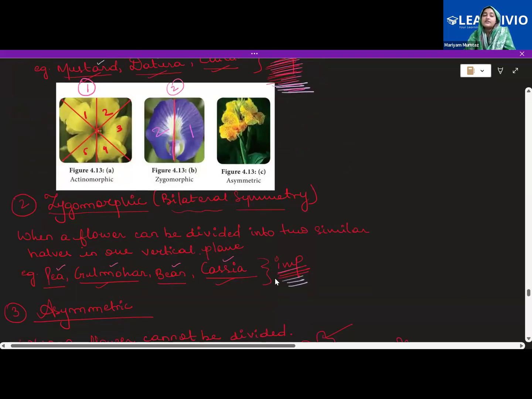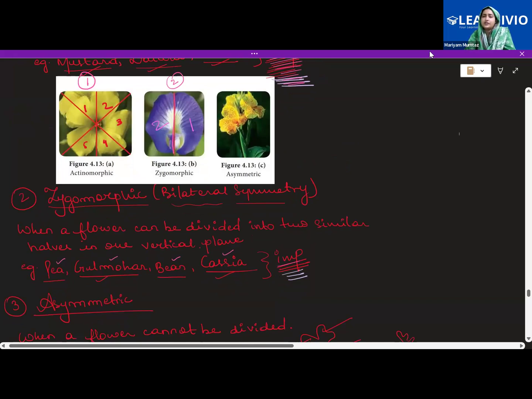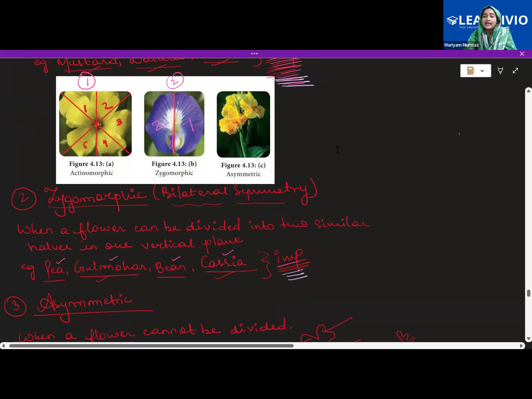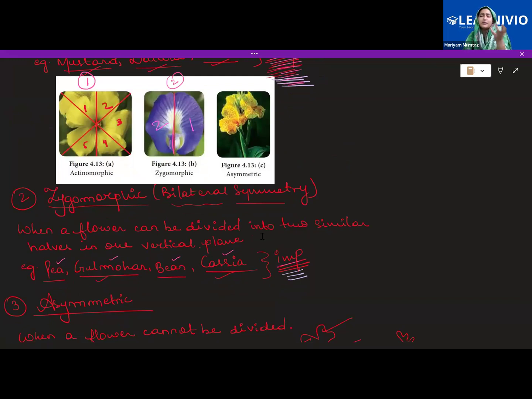Now, the second case is the zygomorphic situation. Here, it is exactly just like bilateral symmetry. So whenever a flower can be divided into two equal halves by one plane passing through. Like for example, if anyone would ask you to divide yourself, a human's body, you'll divide it like this, isn't it? There will be a left side and the right side, both are equal.